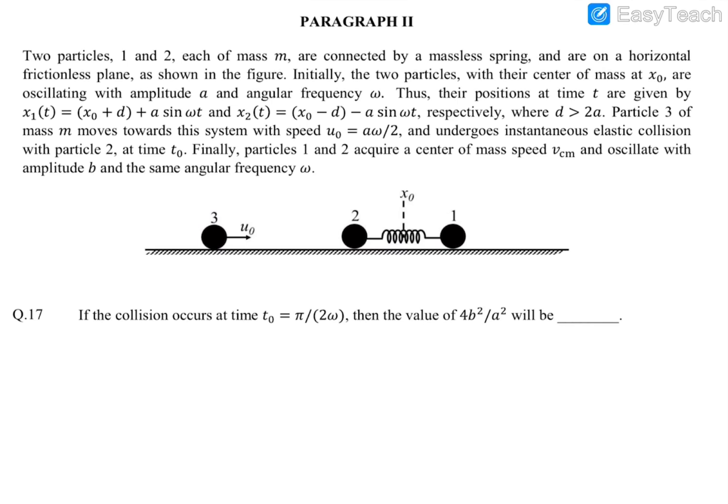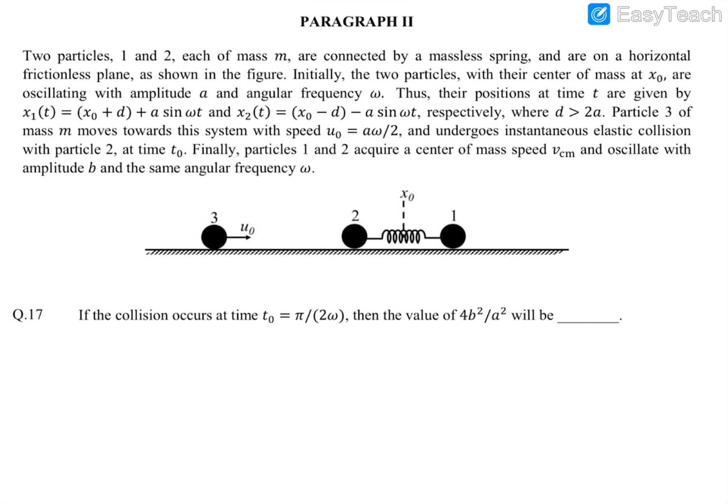Now in this question, in part B we have to find the amplitude if the collision occurred at t equal to pi by 2 omega. So in this part it is simple.